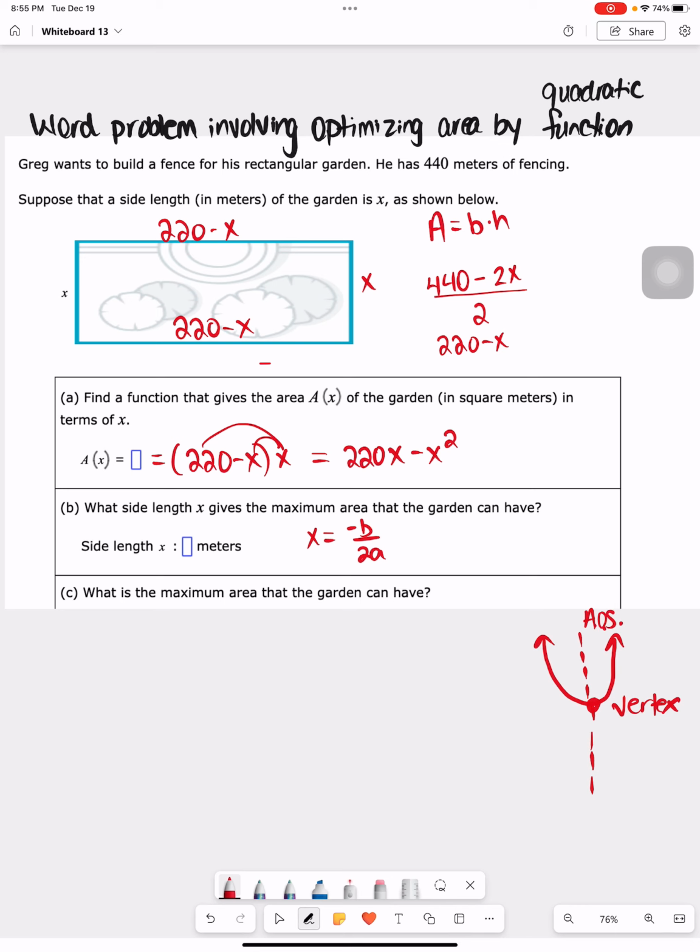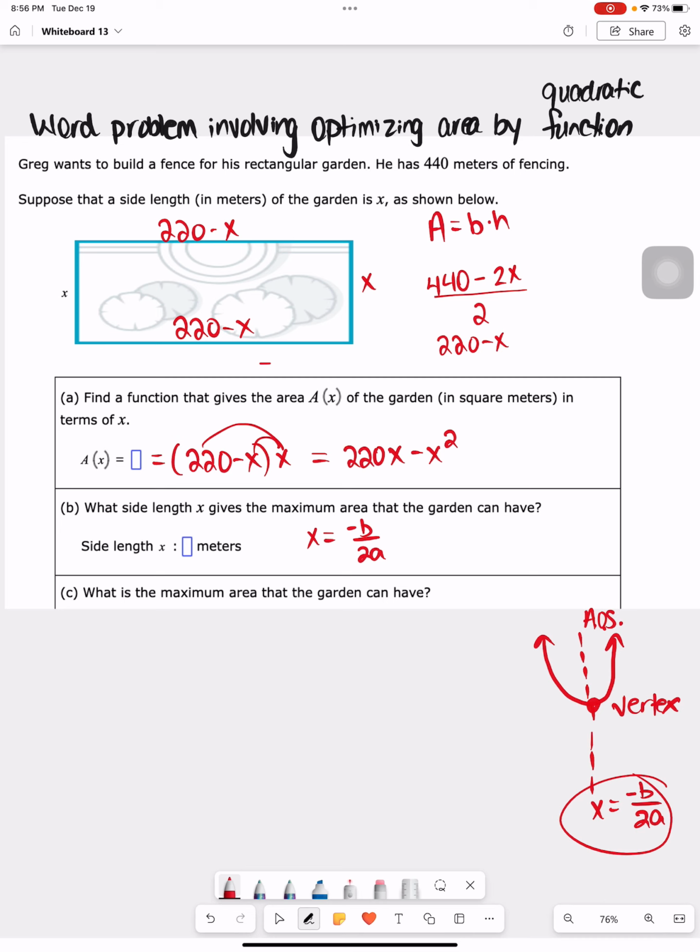If you can find that axis of symmetry, and the way we find it is the opposite of b over 2a, that gives you an equation for a vertical line that is our axis of symmetry. But if we can find that equation, we also know the x coordinate for where my vertex occurs.